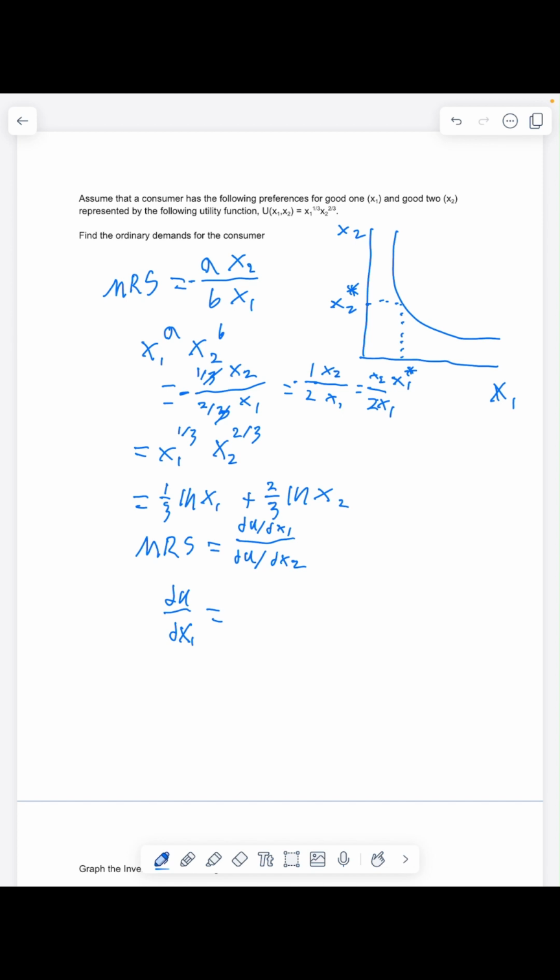So for this first one, this is going to be 1/3 of x1. And for the second one, it's going to be 2/3 of x2 for good 2. When we put these together, it's going to look weird, but we can use some methods to simplify here.